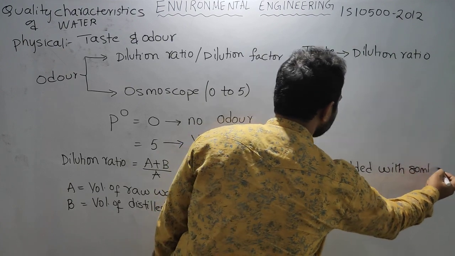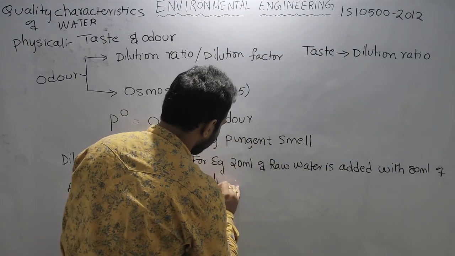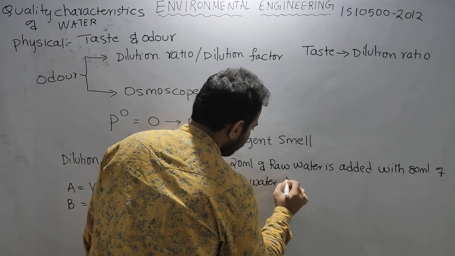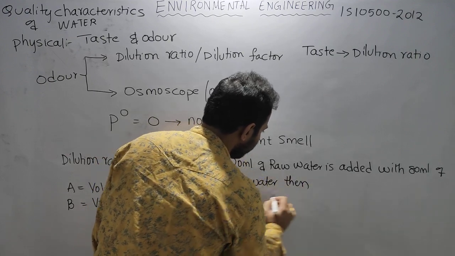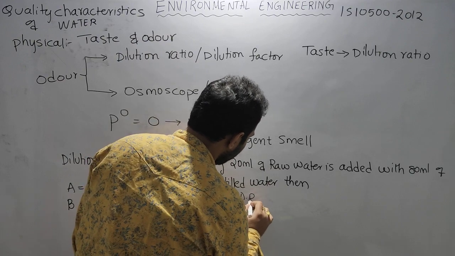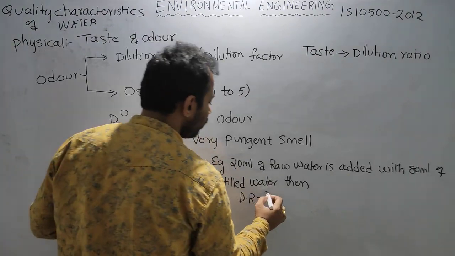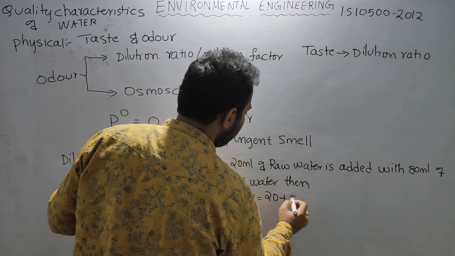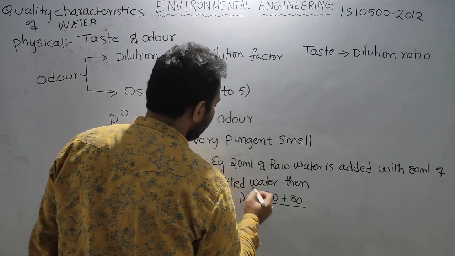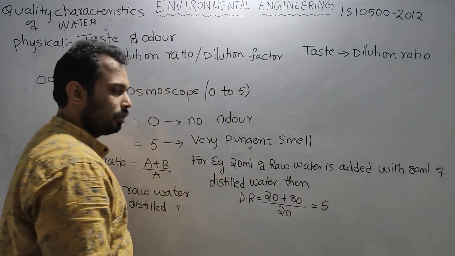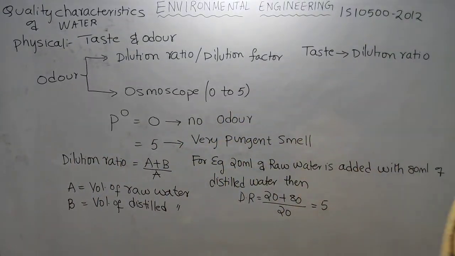Then the dilution ratio is equal to, so volume of raw water is how much? 20. A is 20. The volume of distilled water is 80. So 20 plus 80 by volume of raw water, that is 20 again. That means the dilution ratio or dilution factor is 5. Likewise, generally we measure the dilution ratio or dilution factor.